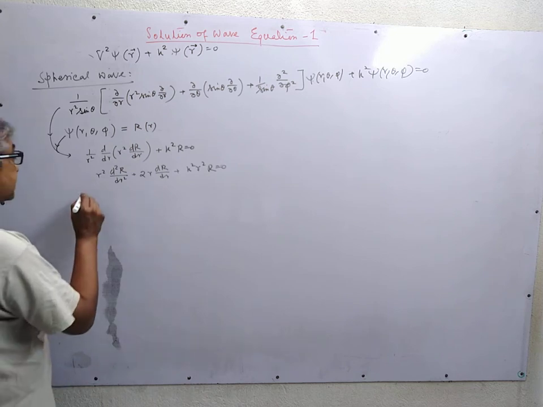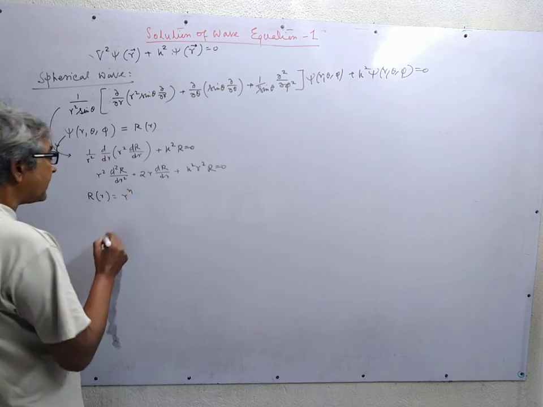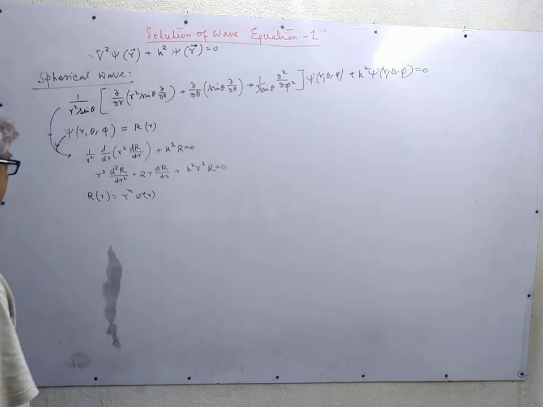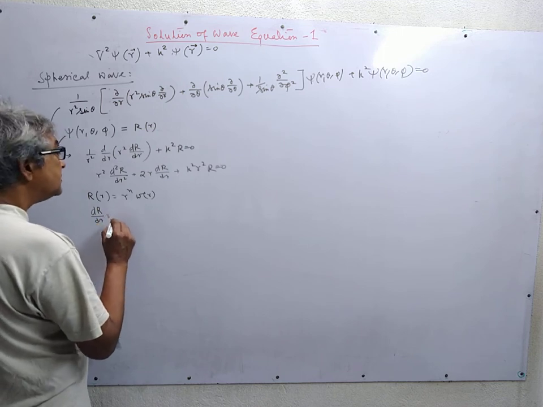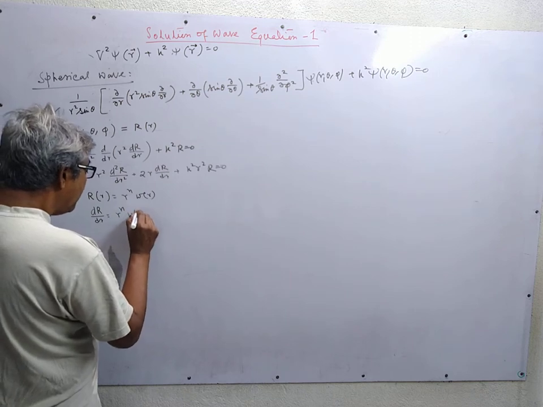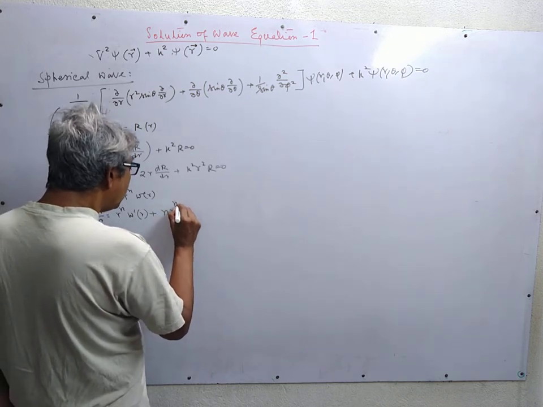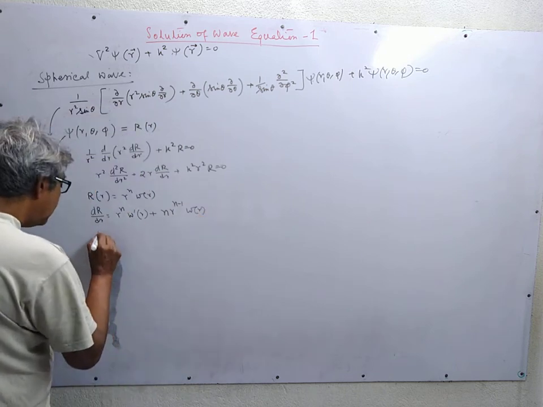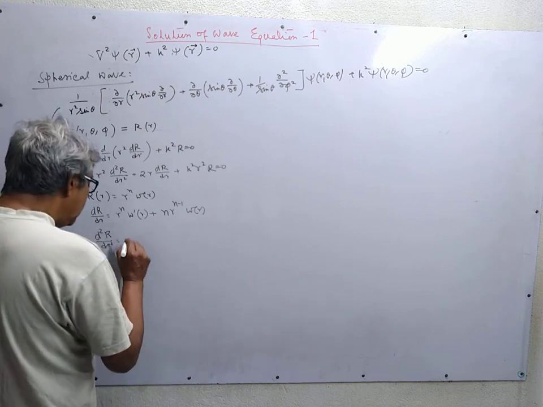We make a substitution like this: R of r is equal to r to the power n times w of r. We make a substitution so that dR dr becomes r to the power n w prime of r plus n r to the power n minus 1 w of r, and for the second derivative d2R dr2 we use Leibniz.